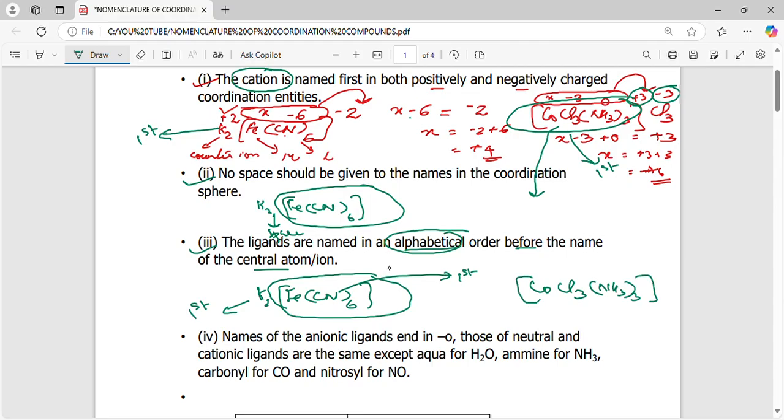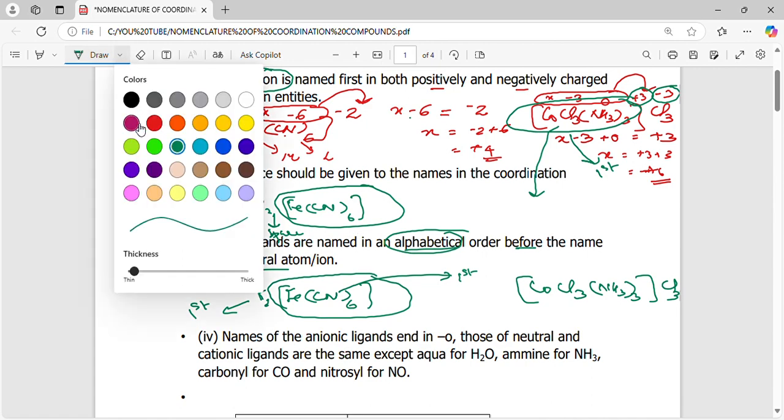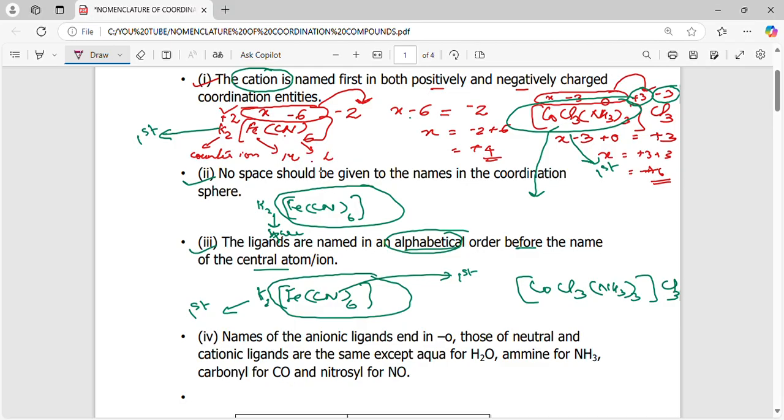NH3 thrice, Cl3. In this, when you write the name of the coordination sphere, I'm talking only about the part which is inside the coordination sphere. Inside the coordination sphere there is cobalt, there is chloride and also ammonia. These three species are there. But when you start writing the name, always you start with the ligand.